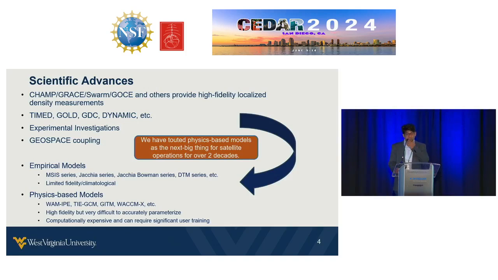And I put geospace coupling here as a science perspective because one of the requirements to transition things to operations is reducing the computational complexity, including additional complexities as well, but computational complexity is typically the major limiting factor.